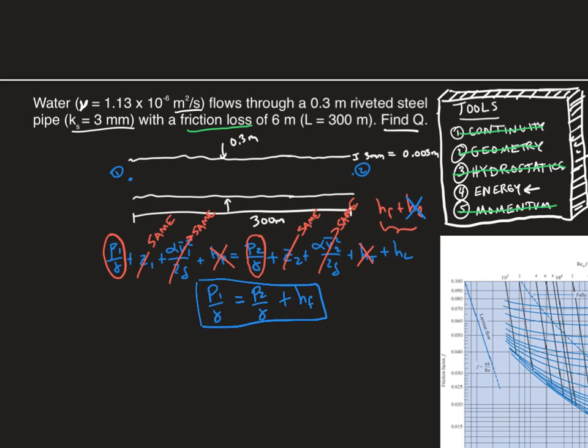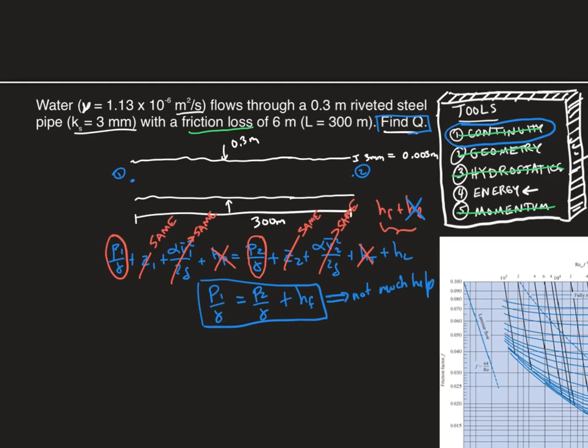We've got 3 unknowns, P1 and P2 and HF. So this is not a lot of help. Especially because what we're looking for is Q. We want Q or we want V. If we have V, we can get Q by continuity. So let's keep continuity in our thoughts, because it may come up.